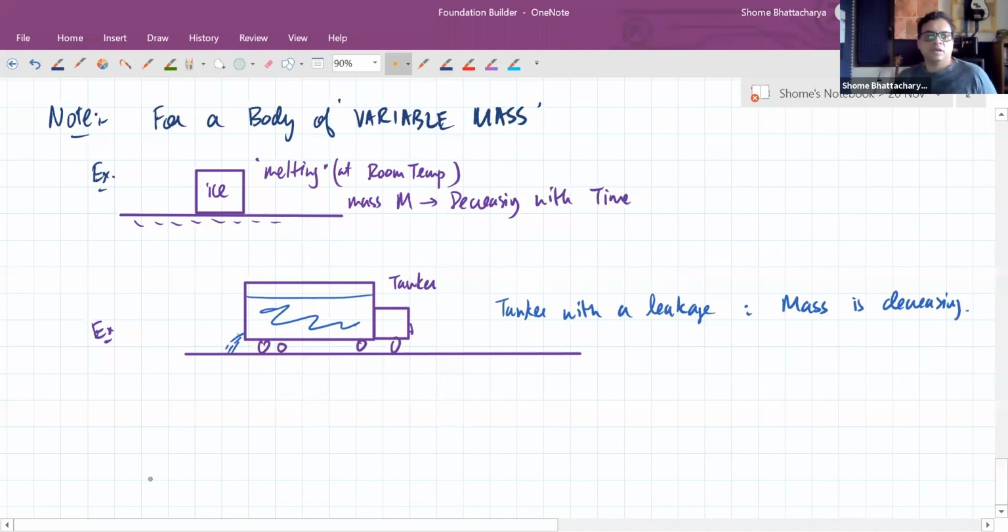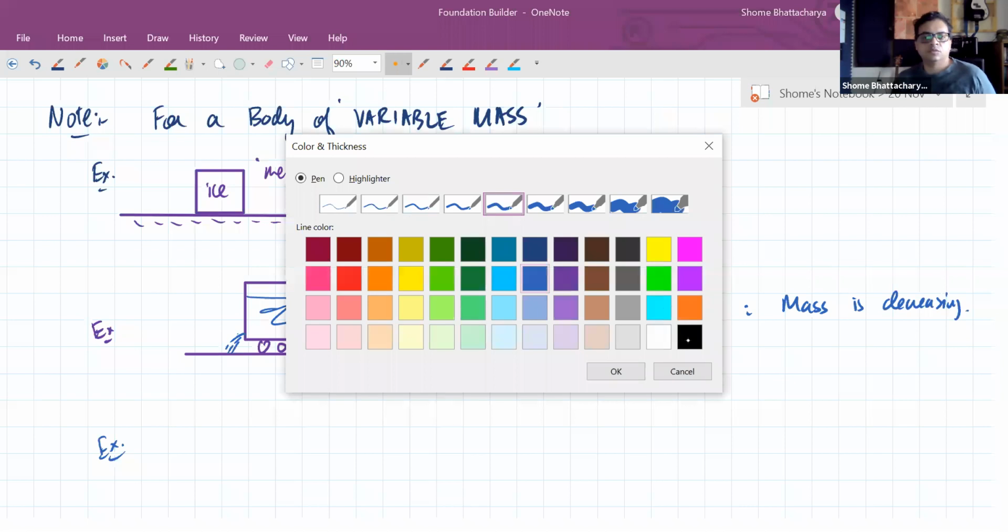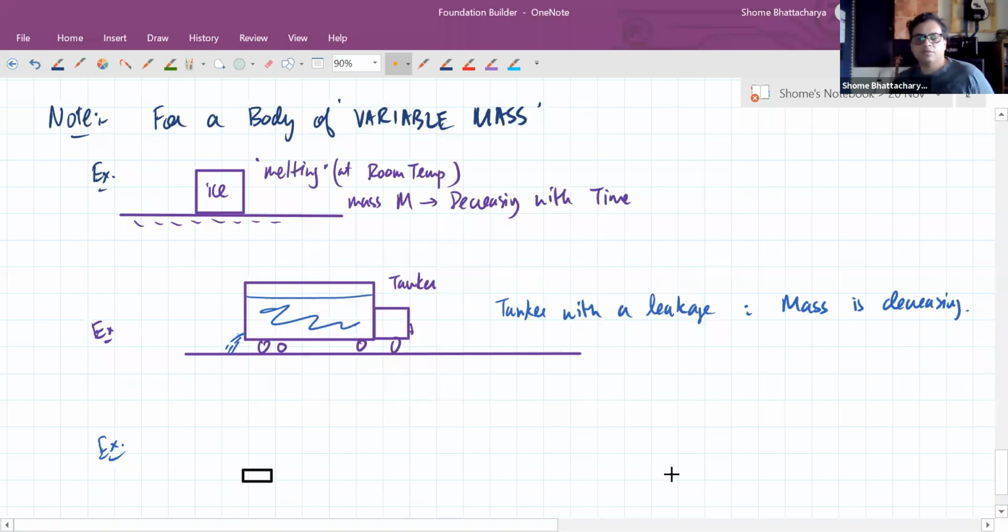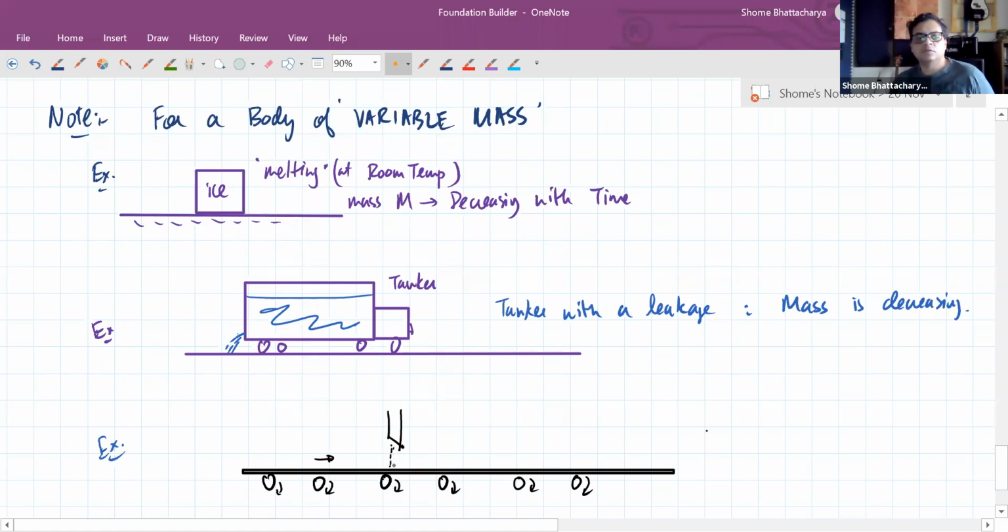Okay. Or you have an example of an industrial conveyor belt. You must have all seen some kind of examples of conveyor belts in industrial processes. It is like a belt which is being moved with some velocity because of the action of the rollers underneath it. Now, typically, onto the belt, there is some mechanism by which mass is being dropped.